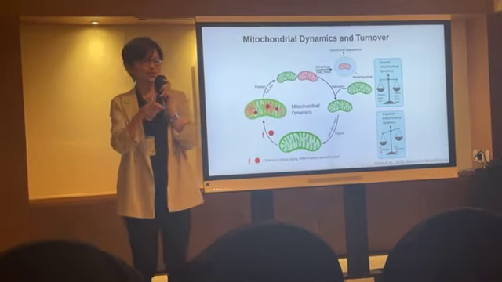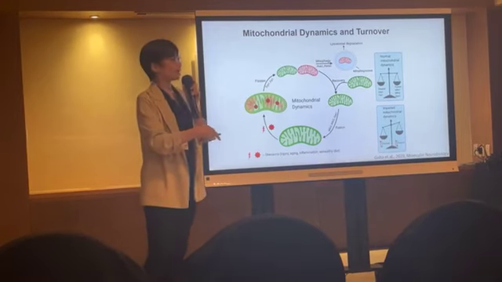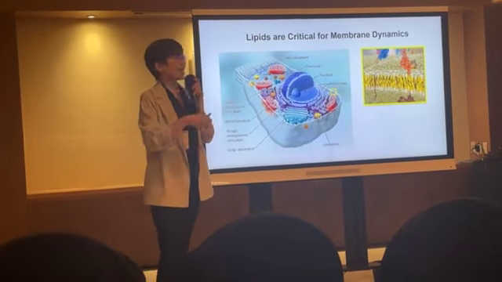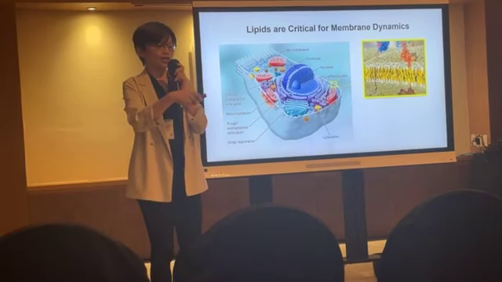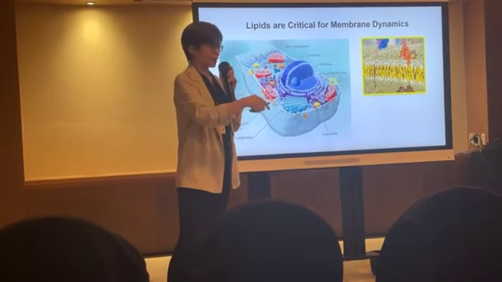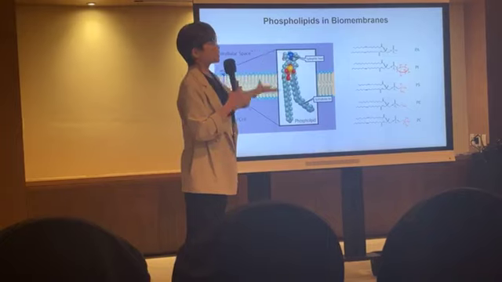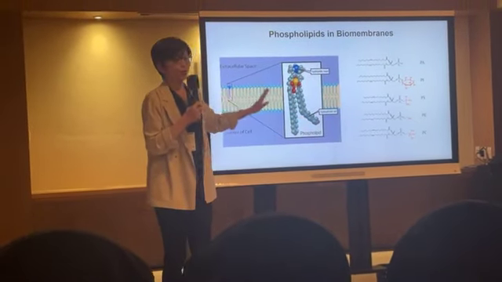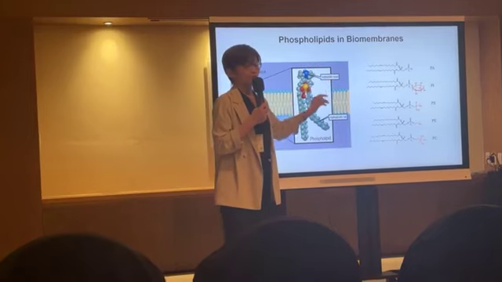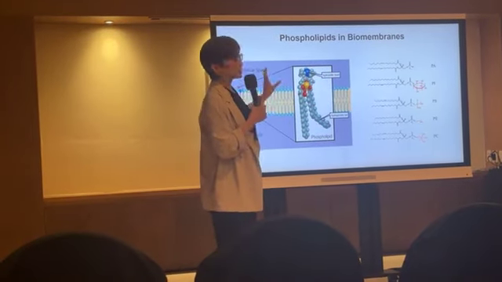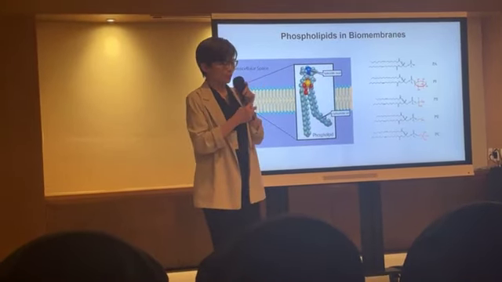However, there is a hidden and also very critical role, which is actually the lipid. That is actually one of the major components in the membrane of mitochondria. And similar to most of the other membranes in our cell, phospholipid is also the major component of our mitochondrial membrane.